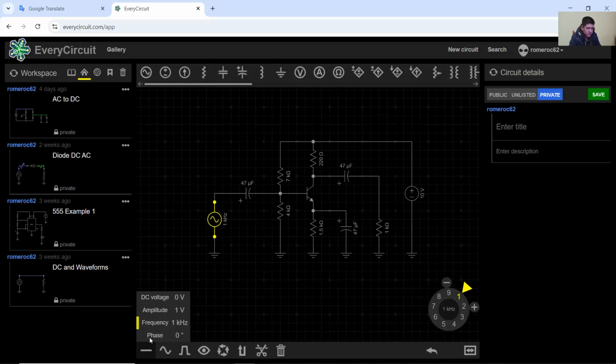Go to adjust and use sine waveform, DC voltage 0, amplitude only, modify amplitude to 100 millivolts. Frequency change to 500 hertz. Phase 0. Okay.